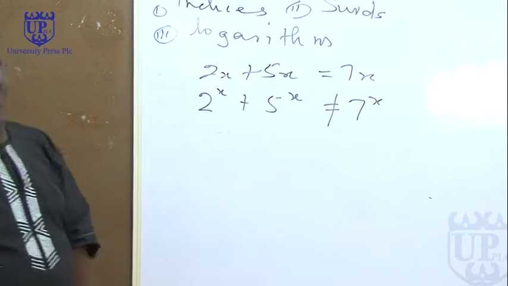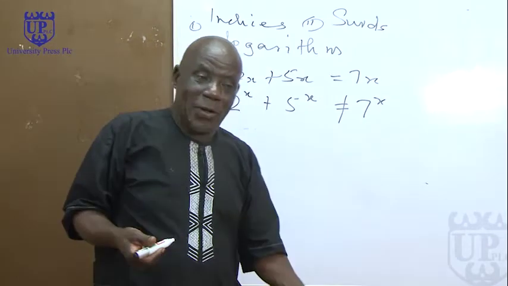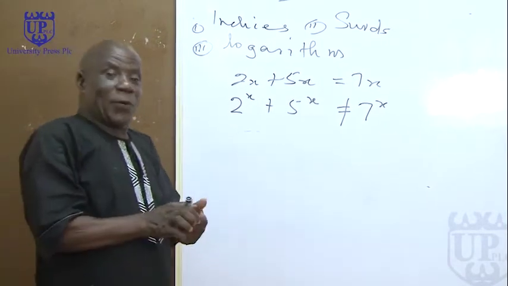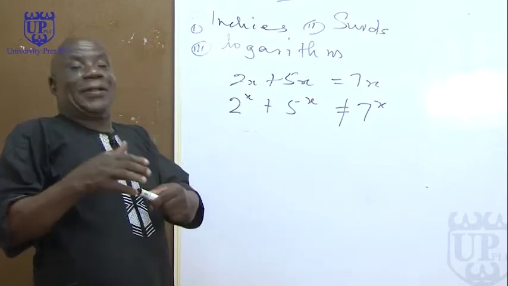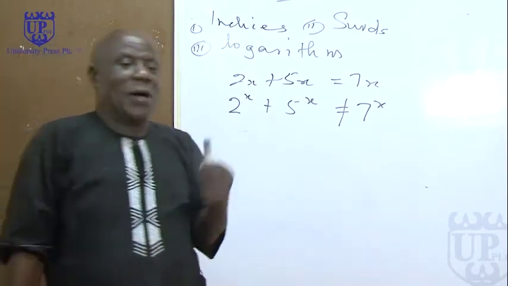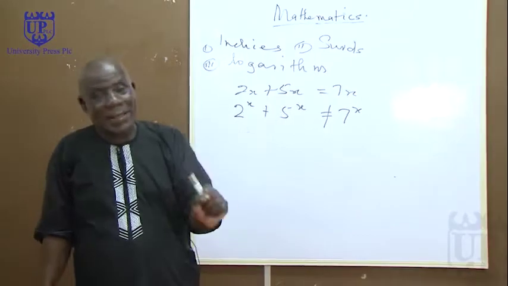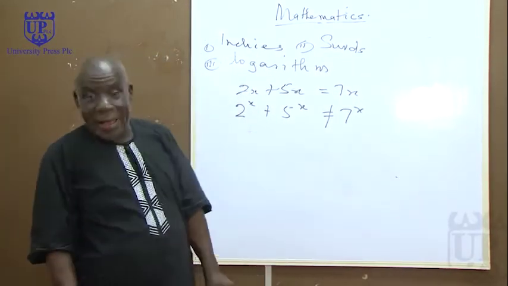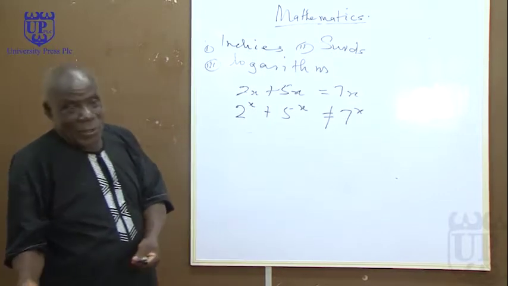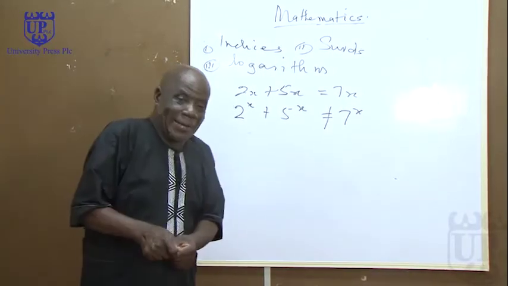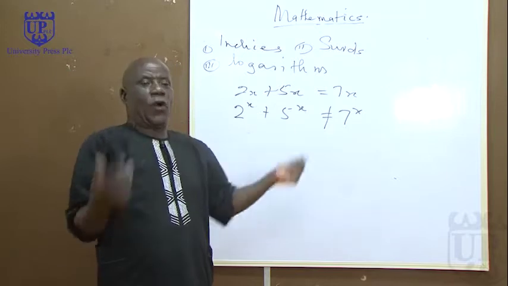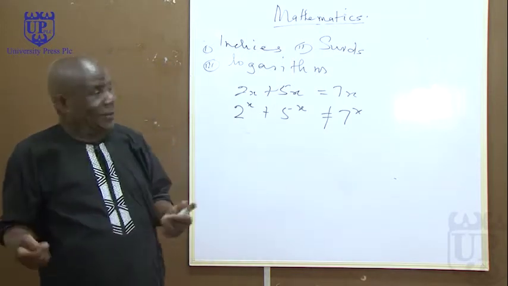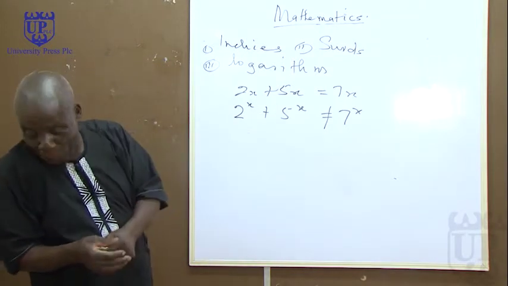Now, let's look at theories on indices. I will not waste your time on this, but I refer you to our textbook, More Mathematics for JS3, SS1, and SS2. In the first 20 pages, as earlier said, you see the preview of all you need to acquaint yourself with on this topic.